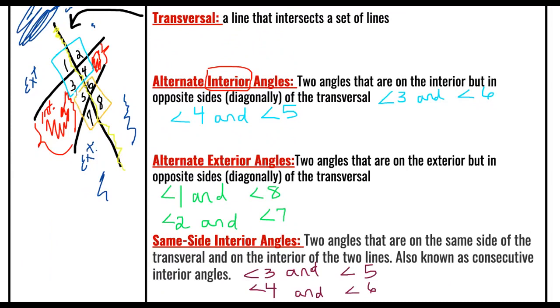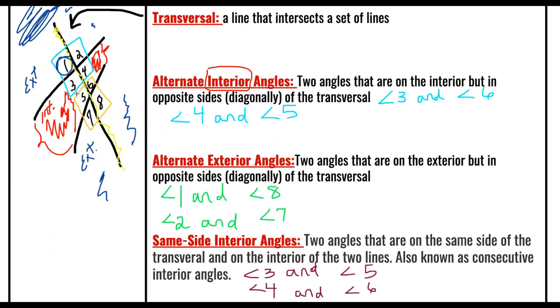For a pair of angles to be corresponding, they have to be in the same position for their intersection. Okay, so if we were to look at angle 1, angle 1 is in the top left corner of that intersection, of that group of 4. What angle is in the top left corner in the other intersection?